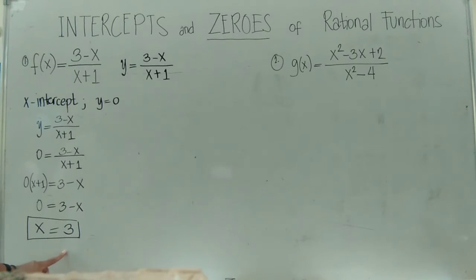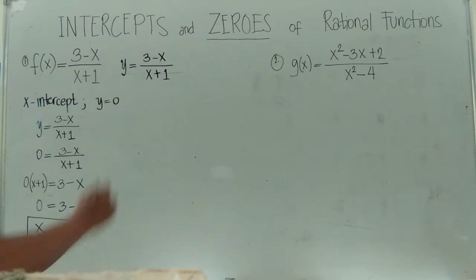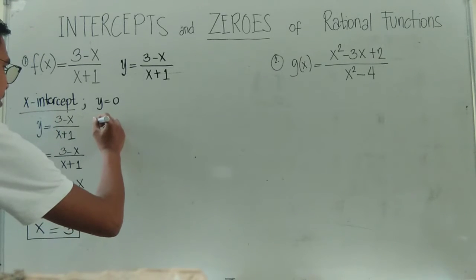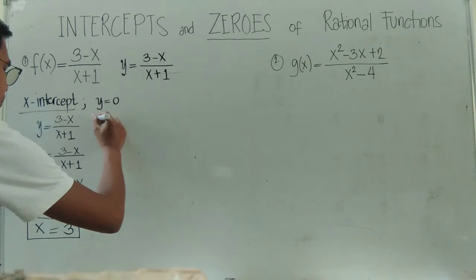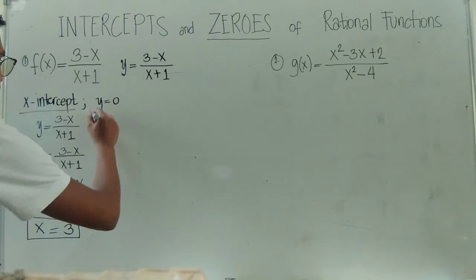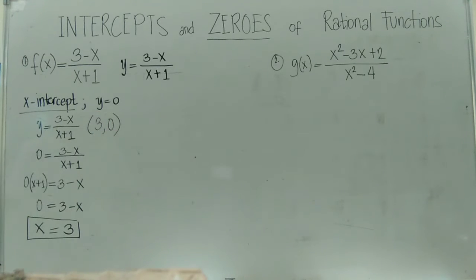So x equal to 3 means that your x-intercept is at point 3 and 0. Okay, at point 3 and 0.